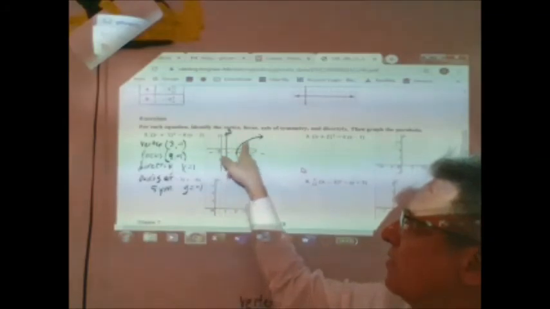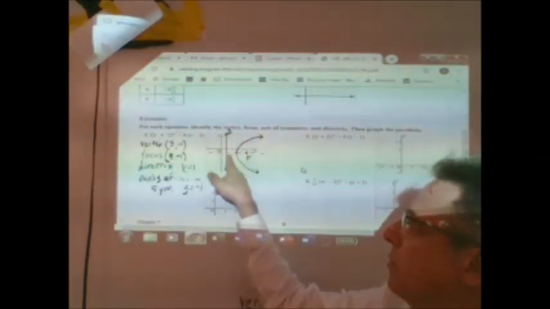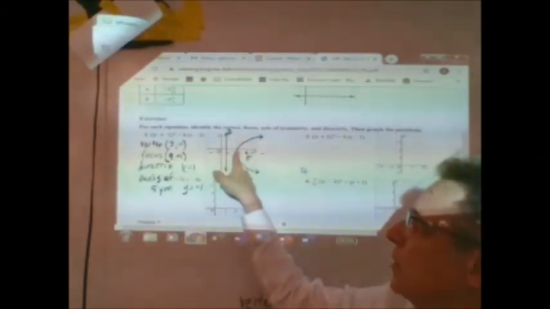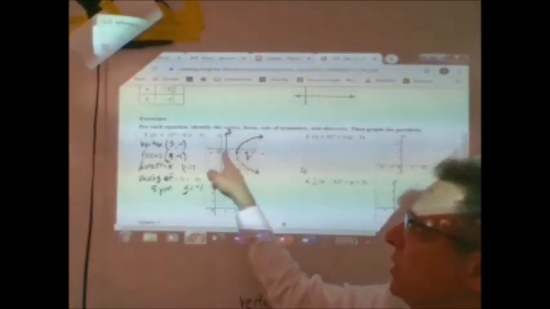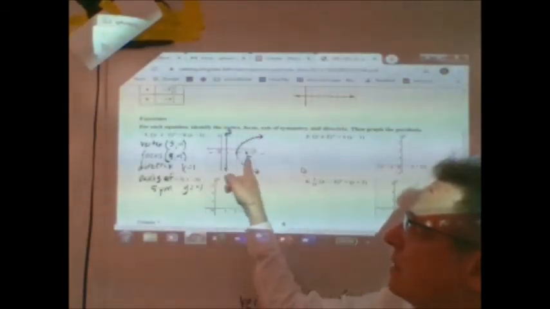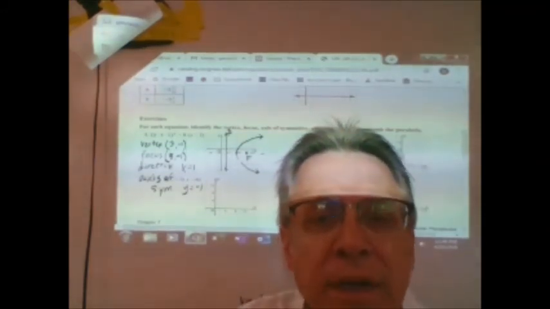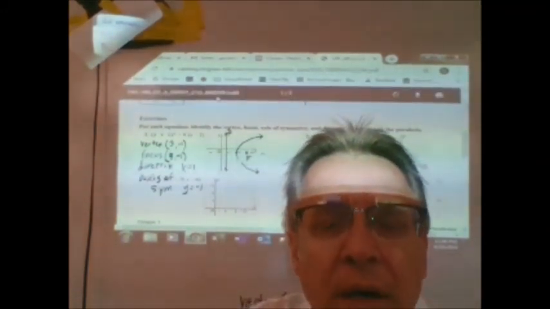That doesn't have to be perfect, but your parabola will be in between your focus and your directrix, like that. If there are any questions, send them to me in an email.